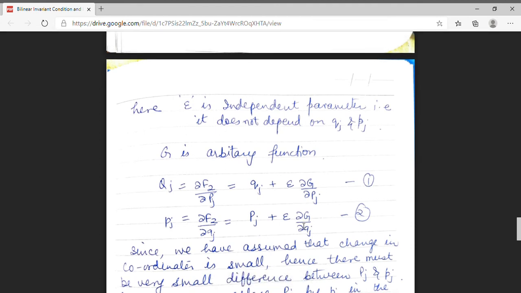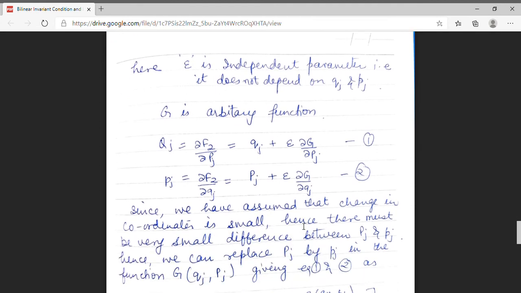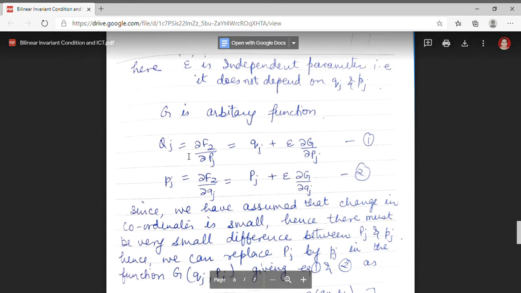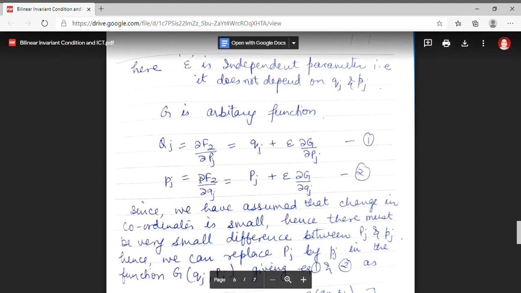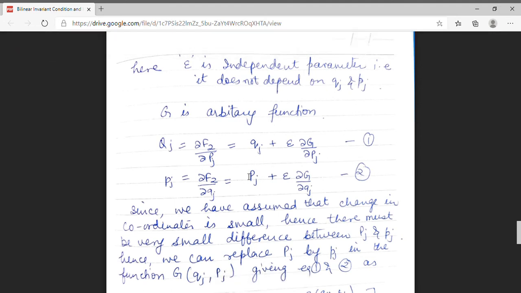Here we can see that there is a change in coordinates. They are not exactly the same. Earlier capital Qj was exactly equal to small qj. Now by choosing a new generating function, a change of the factor epsilon del G upon del Pj is introduced. Similarly, in momenta, a change equal to epsilon del G upon del Qj is introduced.